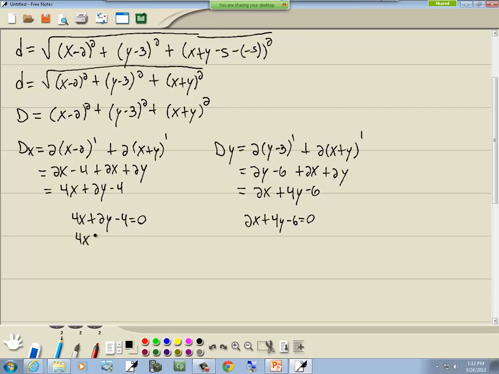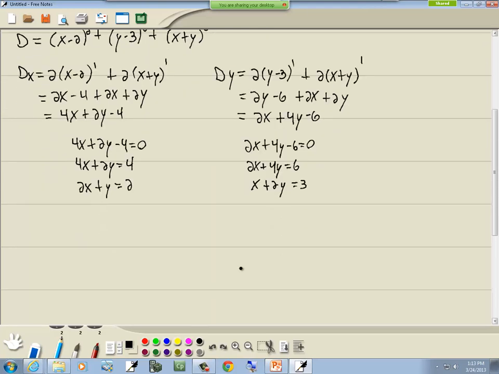So we've got 4x plus 2y is equal to 4. Take negative 6 over here, and we've got 2x plus 4y is equal to 6. First off, I notice that in both equations everything's divisible by 2, so I'm going to do that. That gives me 2x plus y equals 2. And this one gives me x plus 2y is equal to 3.